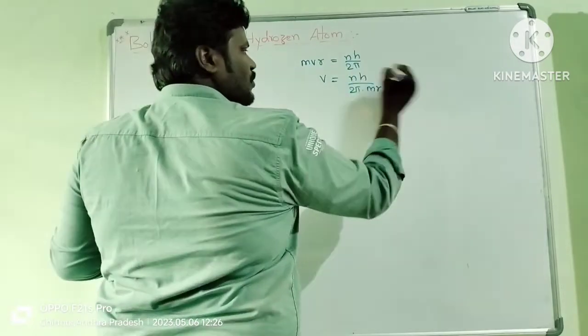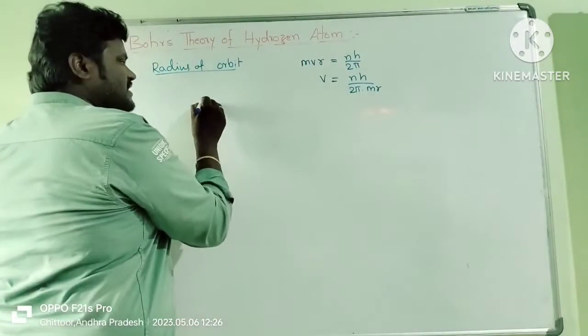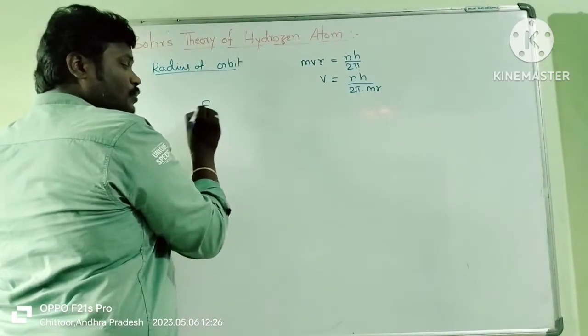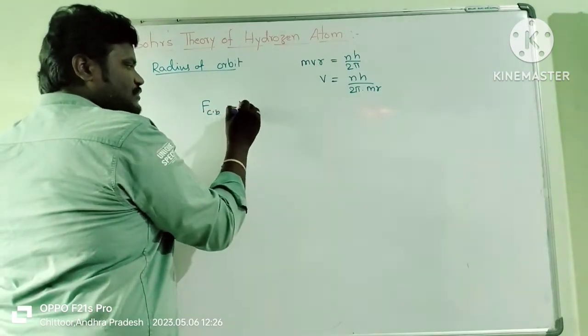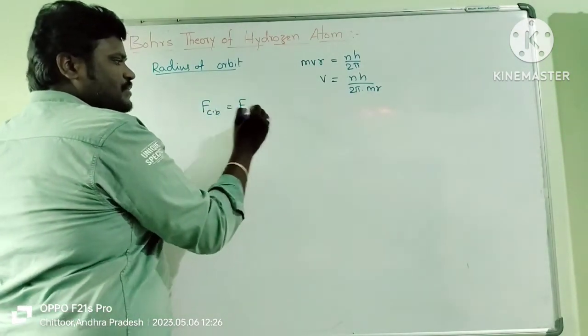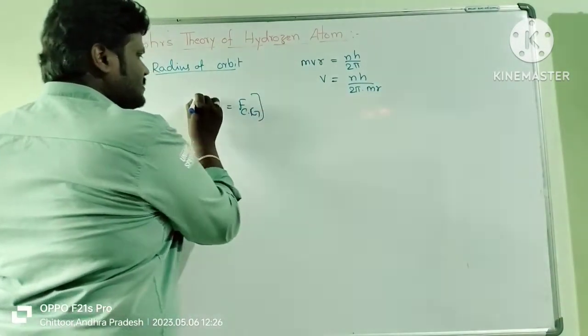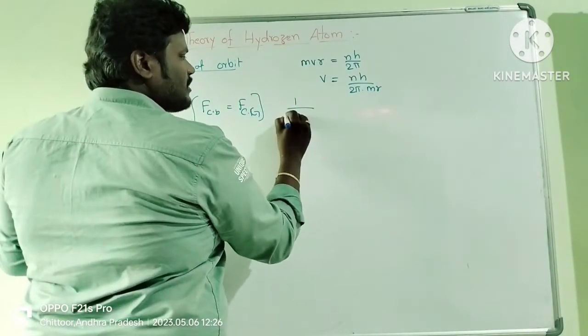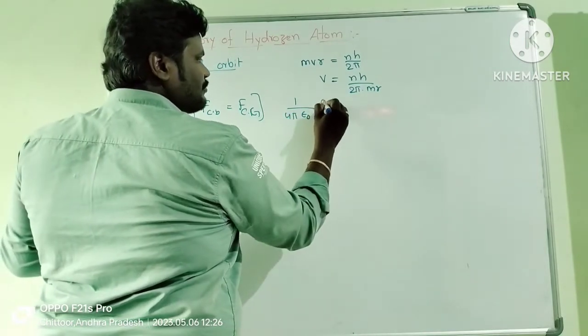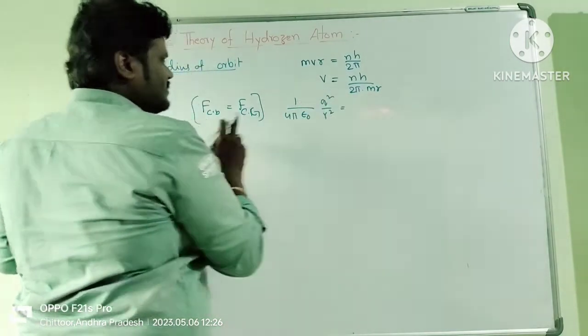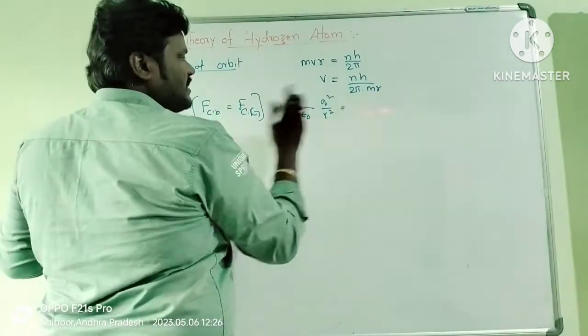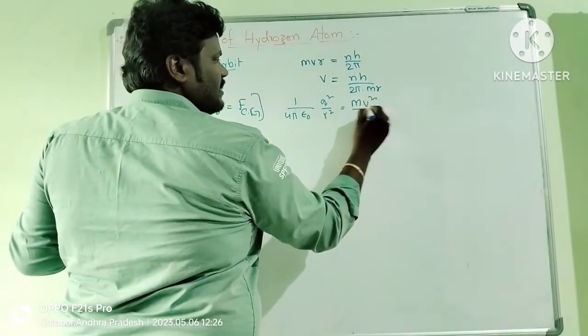So this is the value of v. We know that the Coulombic attraction force is equal to the centrifugal force. From this, we have the equation: 1 by 4 pi epsilon naught q square by r square is the Coulombic attraction force, and the centrifugal force is m v square by r.